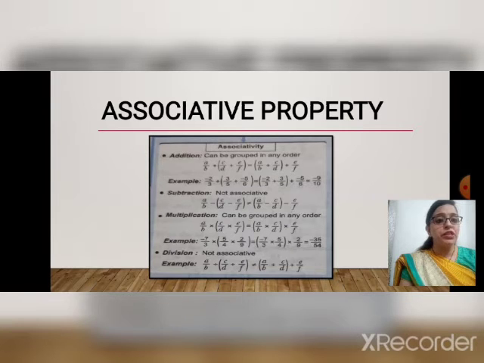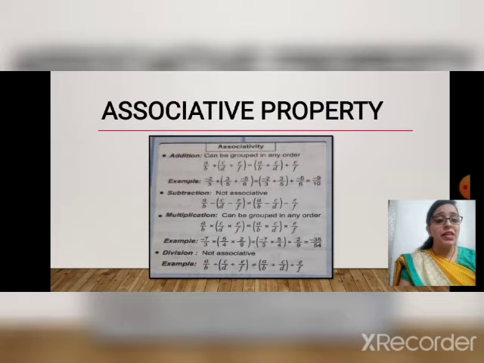In multiplication, the same, you can see with an example: a upon b into c upon d into e upon f. In any order we can multiply, LHS or RHS, both hands will be equal. In that case, yes, multiplication is applicable in the associative property. The same applies to division.